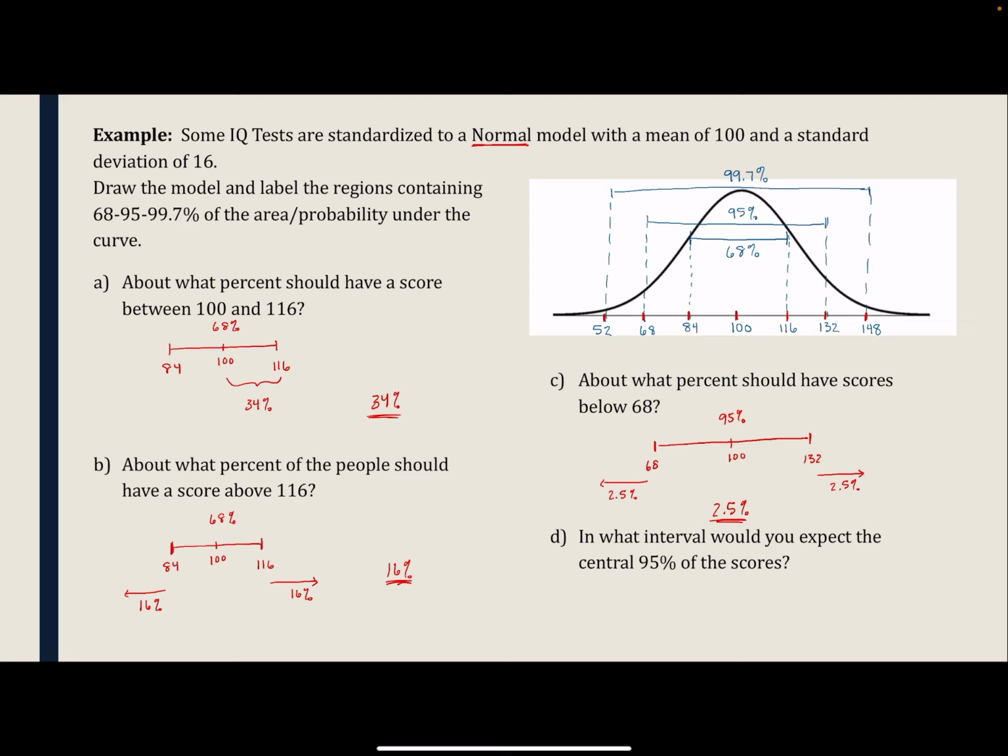So we simply need to write this as an interval. In interval notation, we don't include the end marks here, so we're going to use parentheses and say this goes from 68 to 132. And that's the interval in which the central 95% of scores will occur.